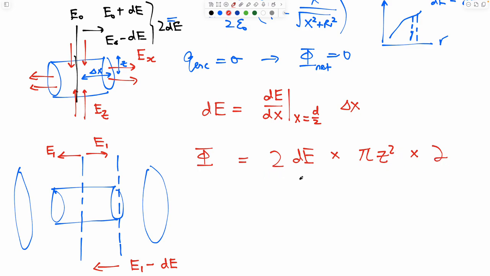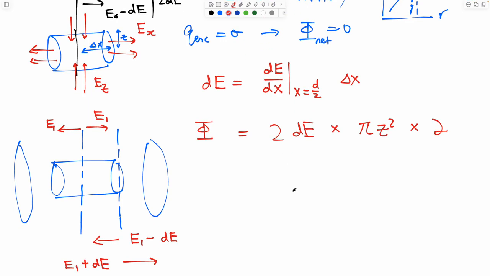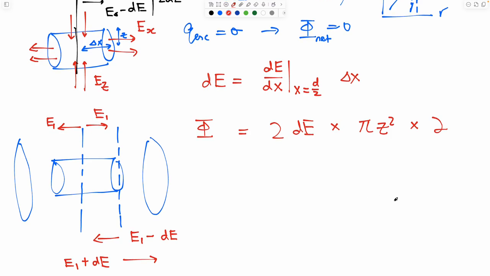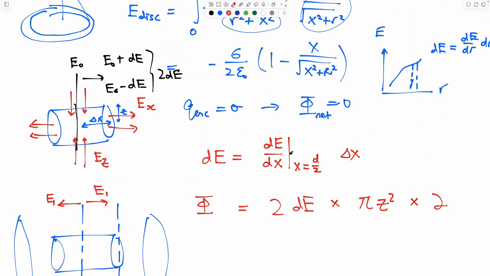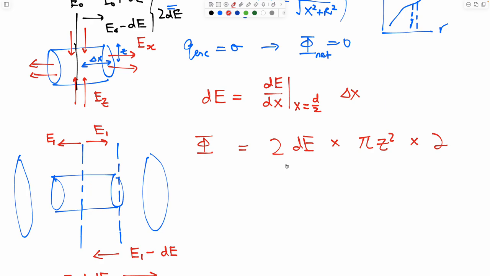This factor of 2 accounts for the fact that there are two plates, so the decrease in one will be coupled with an increase in the other. So there's a total factor of 4 for the flux. This is the flux through the faces. This must be equal to the flux of z.